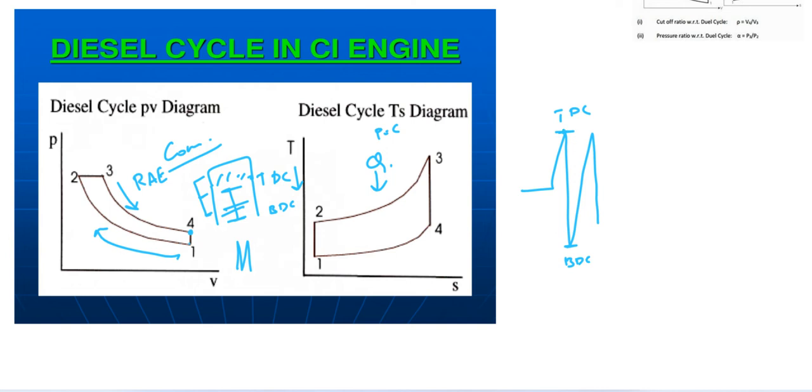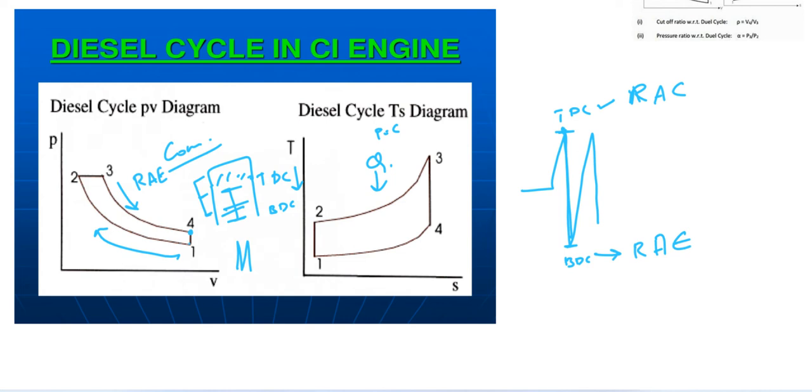When it moves towards the top it is compression, and when it moves downwards the piston expands, which is reversible adiabatic expansion.